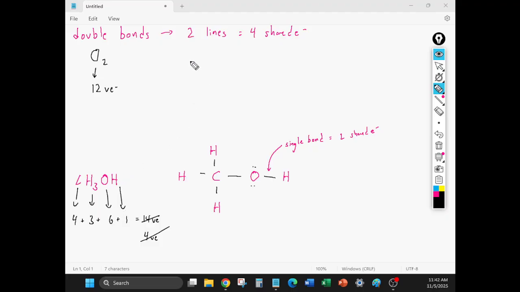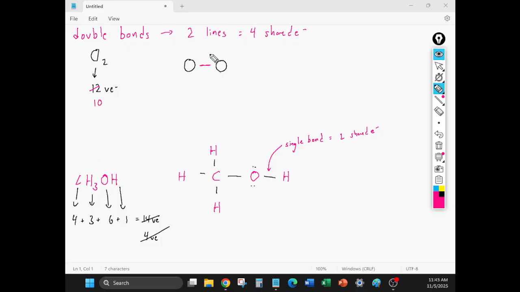If we're drawing O2, we're going to draw 2 oxygens next to each other. Let's start by connecting them together. I'm going to make one connection. If I make one connection between the oxygens, I've used 2 electrons, right? So that means we have a total of 10.